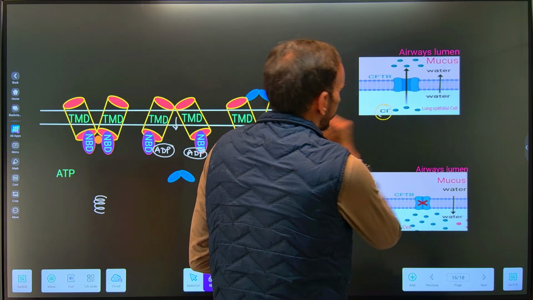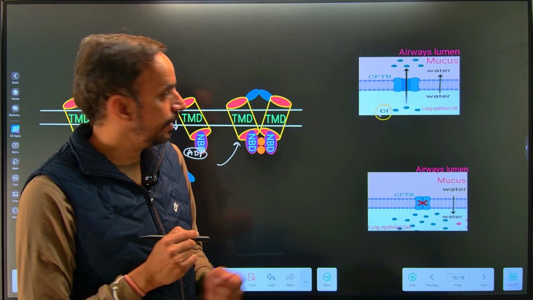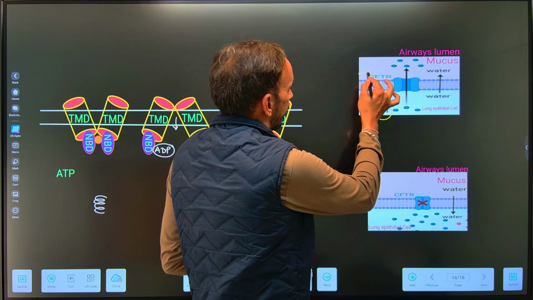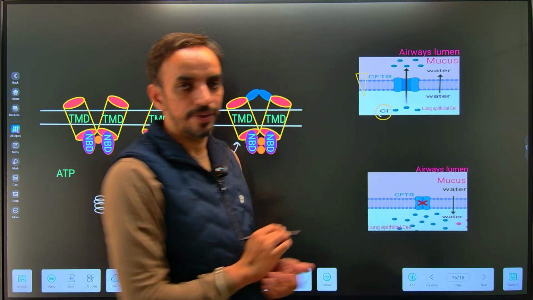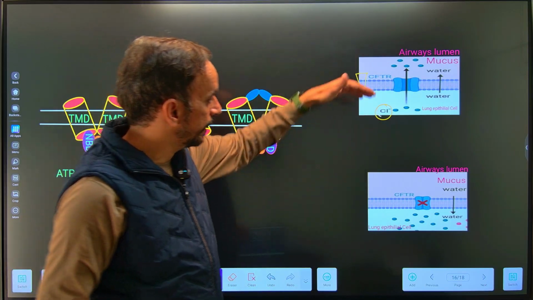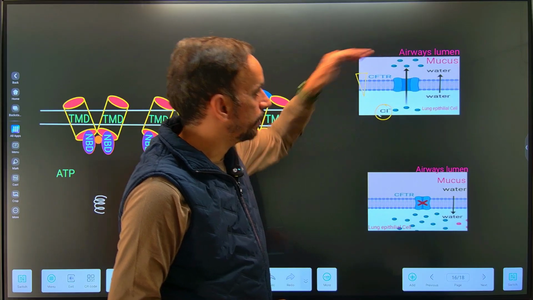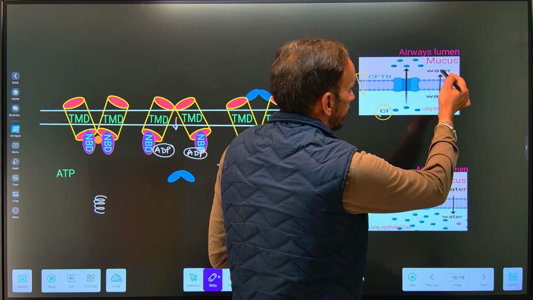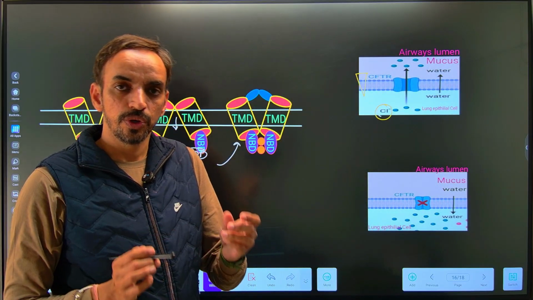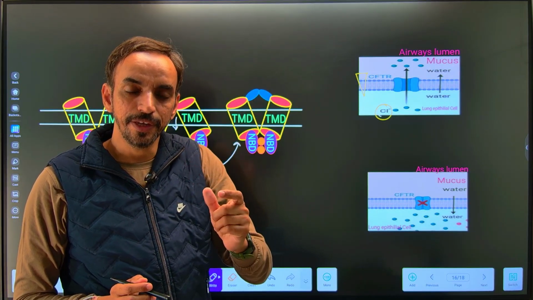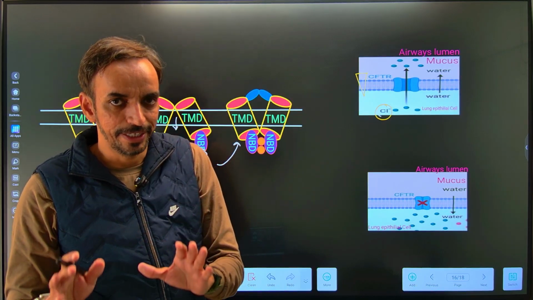Okay, these are the transporters of chlorine, actively transporting chlorine against its concentration gradient. And the movement of chlorine from, we can say, the lung epithelial cell to the mucus layer also brings water with it. So we can say the mucus remains thin and slippery, which makes respiration easy.